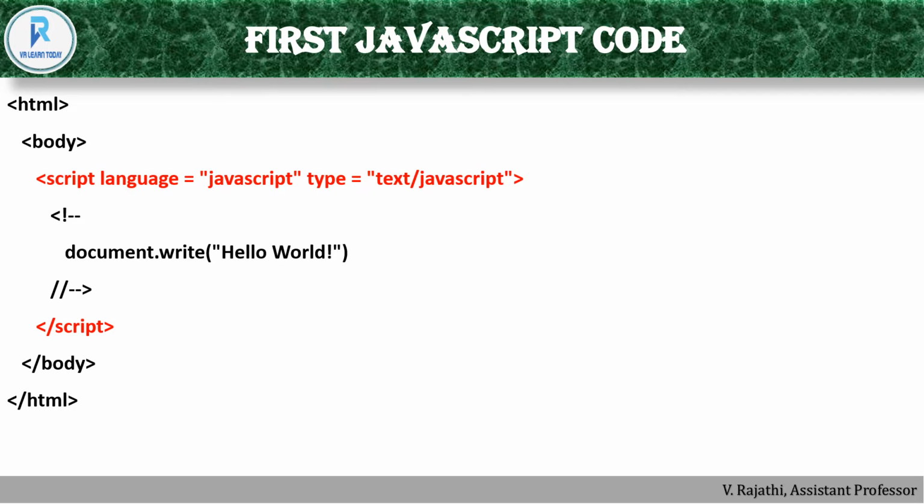After that we give document dot write. This is the print statement. In C we use the printf statement, in C++ we use the cout statement. When we come to JavaScript, here we have to use document dot write, and inside the parentheses we give any message or text within double quotes. The output is just printing hello world in a web browser.